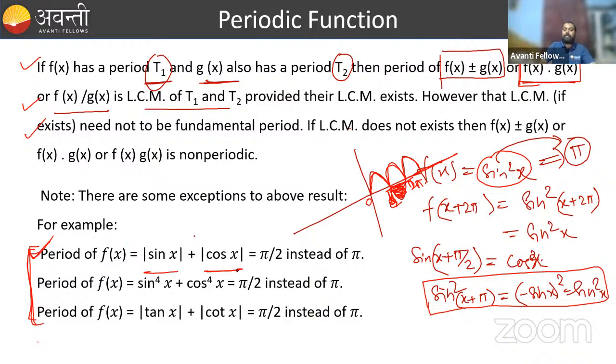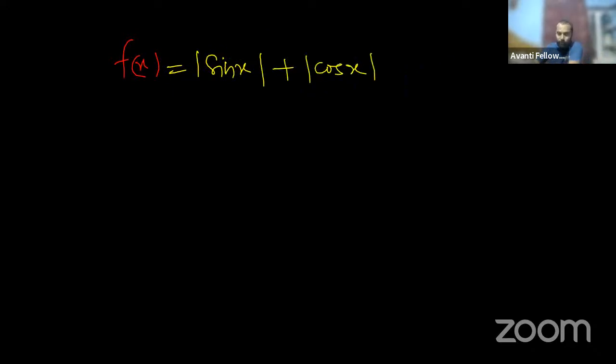If we apply the LCM rule, the period will be LCM of 2 pi and 2 pi, which is 2 pi. You can say, sir, the period is 2 pi.